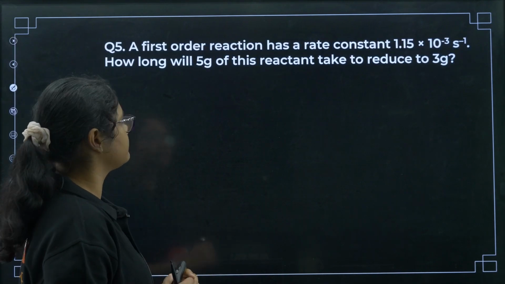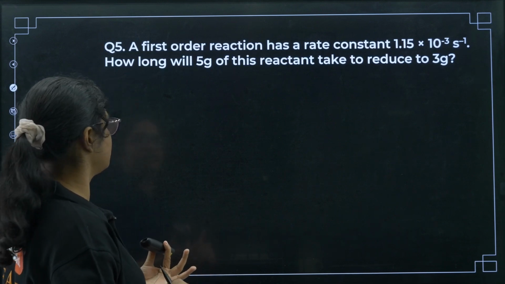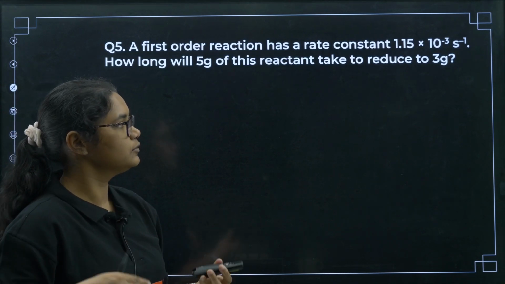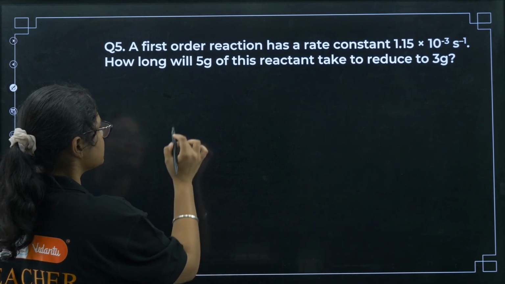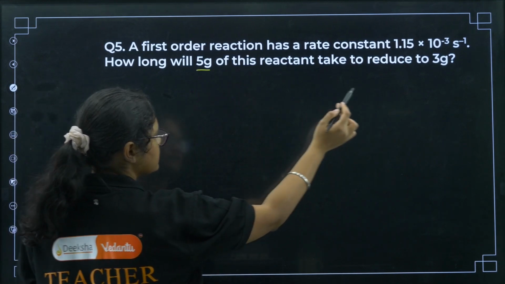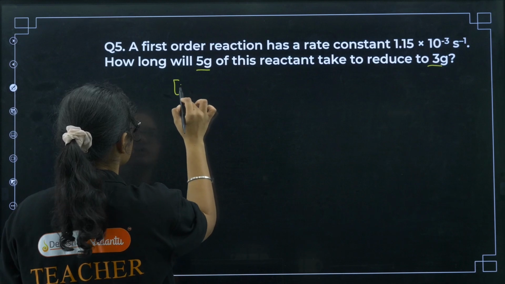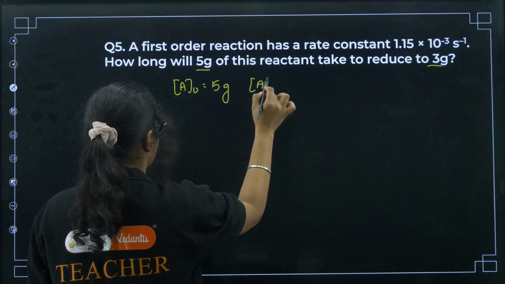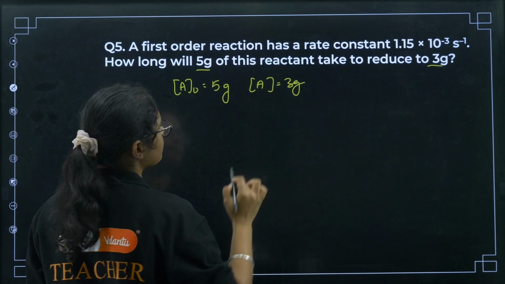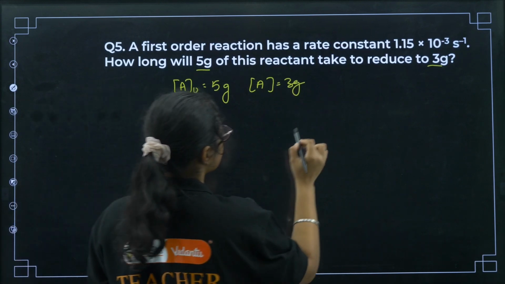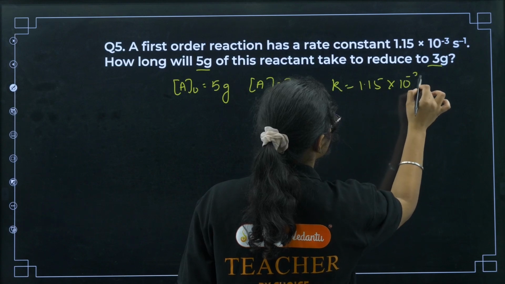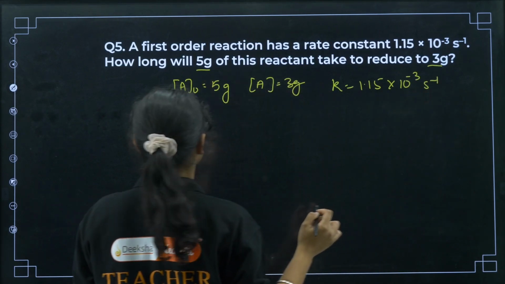Now next question. A first order reaction has a rate constant given. How long will 5 gram of this reactant reduce to 3 gram? Okay, this is also a simple question. You have initial concentration and final concentration. So I can write A naught is 5 gram, and A is 3 gram, and you have the rate constant of this much, and you have to calculate time.